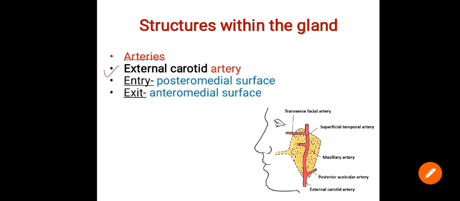You can see here, right? It enters through the posteromedial surface, goes all the way up and exits through the anteromedial surface. So that's what I have written here: entry through the posteromedial and exit through the anteromedial surface. So one structure is the external carotid artery.